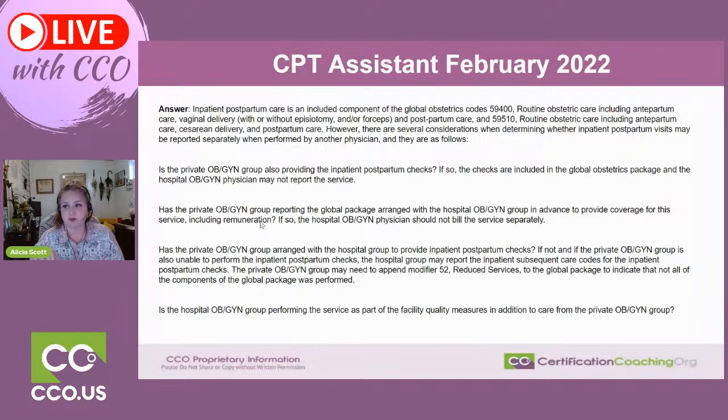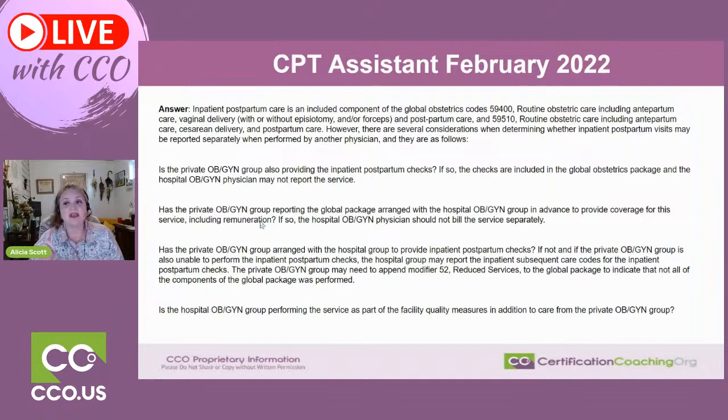The private group may need to append the modifier 52, not 54, like Cindy was mentioning, because that's a different code. Because that's reduced services, meaning, hey, this is what it bundles out, but we're not doing that, so we're reducing the services. And then the global package would therefore indicate that not all components in the global package were performed.